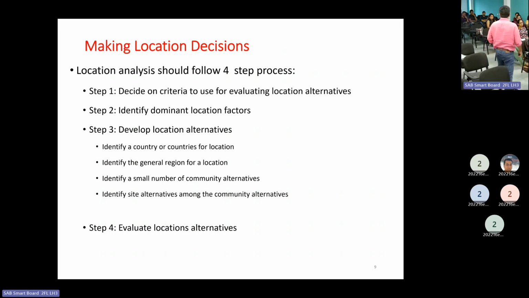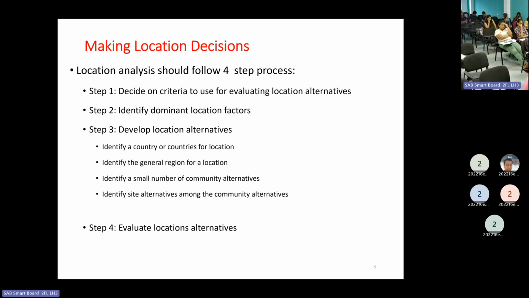In this slide number 9, we try to get an idea how location decisions can be made in a systematic manner. So a kind of general process is recommended for managers to follow when making location decisions. That has 4 steps here.